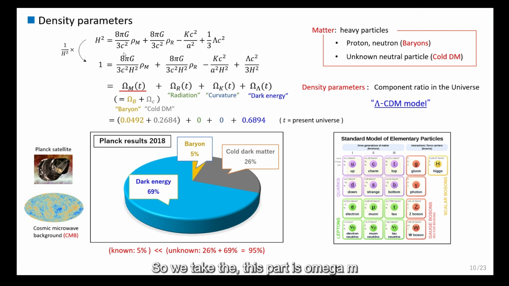We take this part as omega m, this part as omega radiation, this part as the curvature omega, and this part as omega lambda. So all the components sum to a ratio of 1. So this omega shows the component ratio of the universe: how much matter, radiation, curvature or dark energy is included.